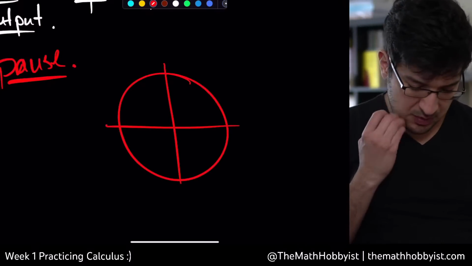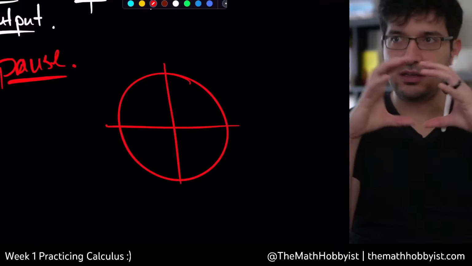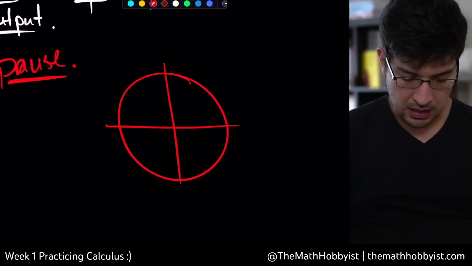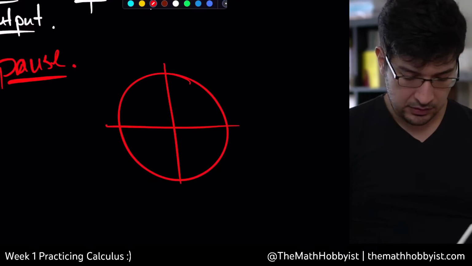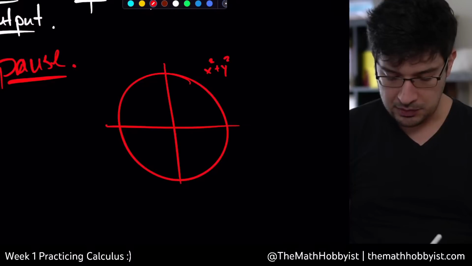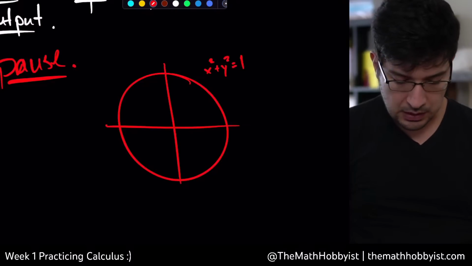Here's another example. If we have two C's that are kissing each other, then we have a circle. So maybe this is the equation x squared plus y squared equals 1.